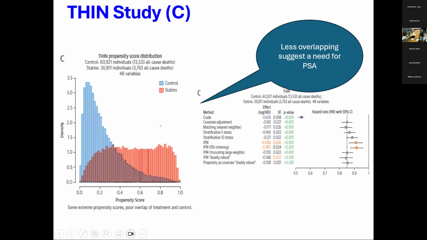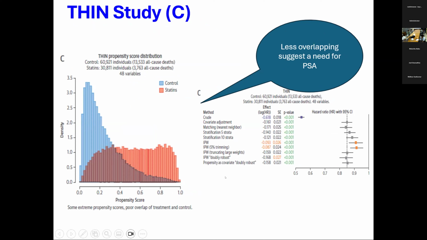Whereas if you look at this other study, from his paper only, there is less overlap. The crude analysis is highly significant. After adjustment, the inverse probability weighting is significant, but all the other analyses suggested that they are not significant.